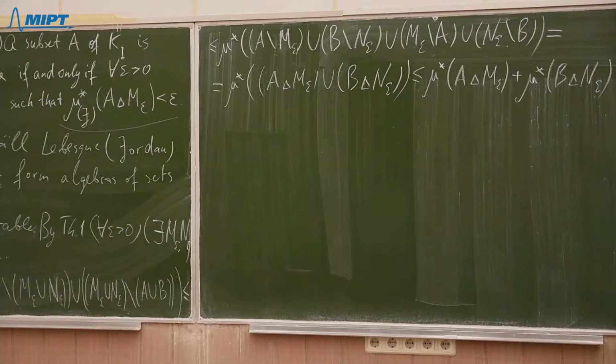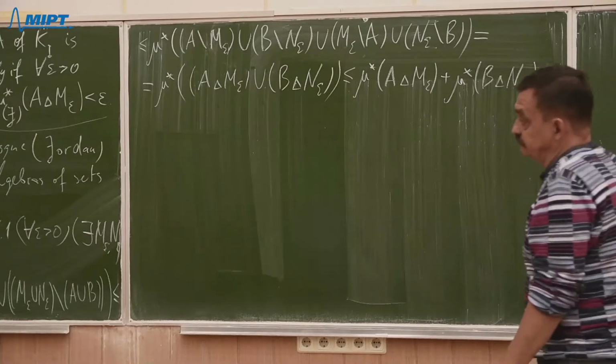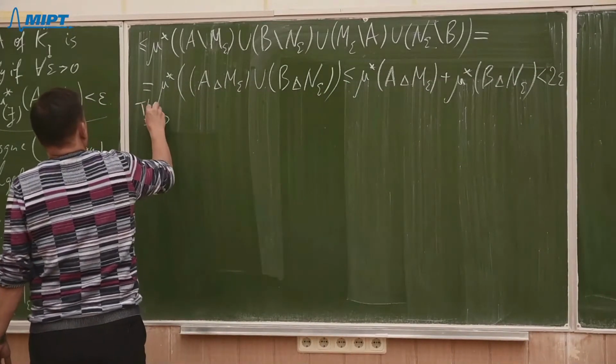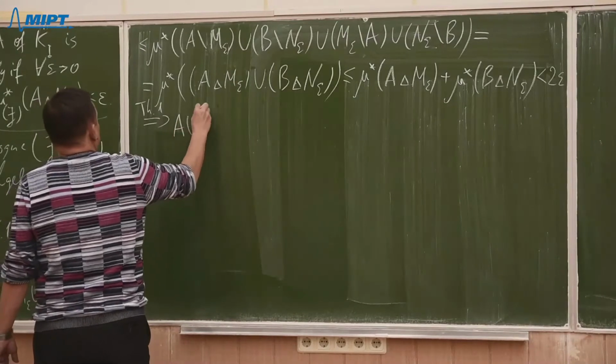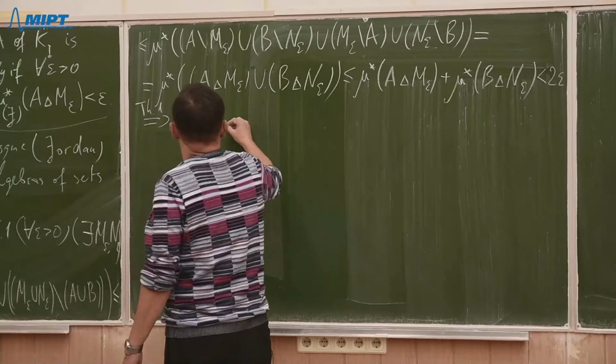Each of them is less than epsilon, so altogether 2 epsilon. By theorem 1, this implies that the union of A and B is again measurable.